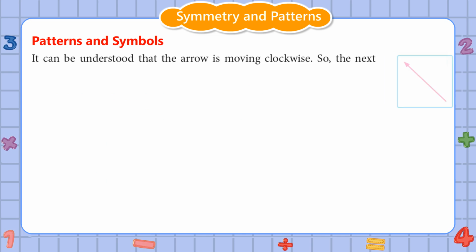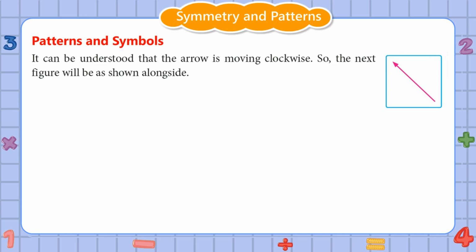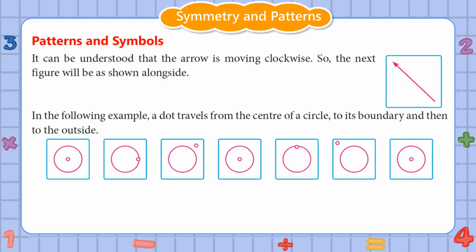It can be understood that the arrow is moving clockwise, so the next figure will be as shown alongside. In the following example, a dot travels from the center of a circle to its boundary and then to the outside.